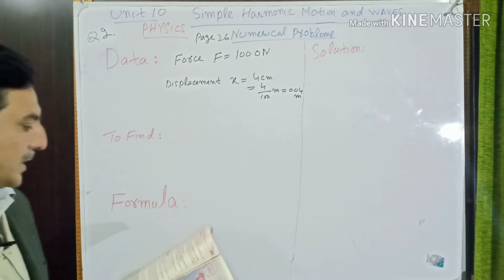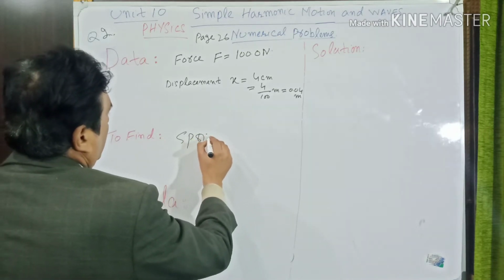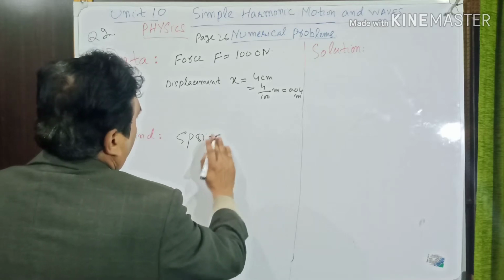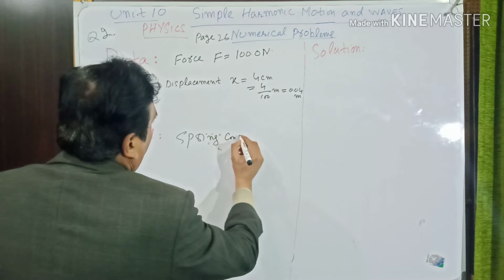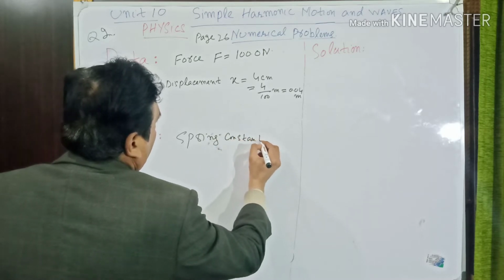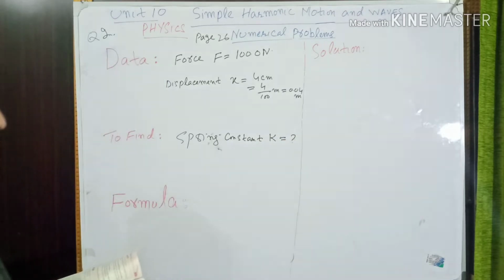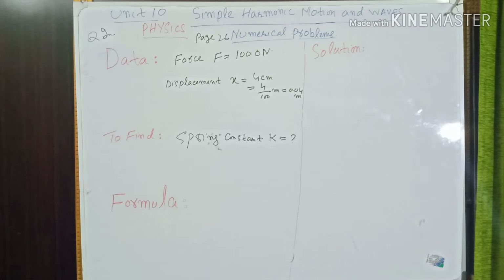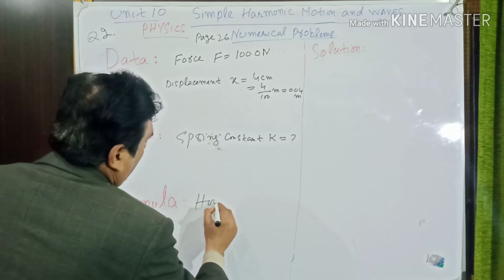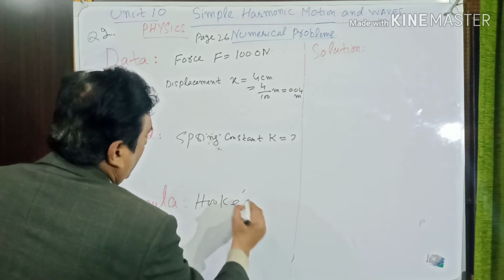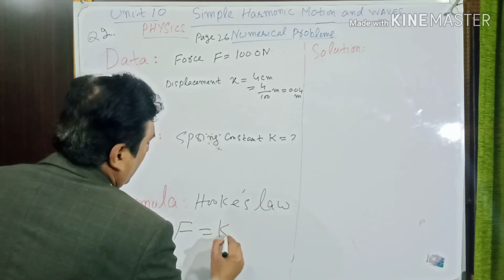What is its spring constant? To find the spring constant, which is shown by K, the formula used in this numerical is Hooke's law, F is equal to Kx.